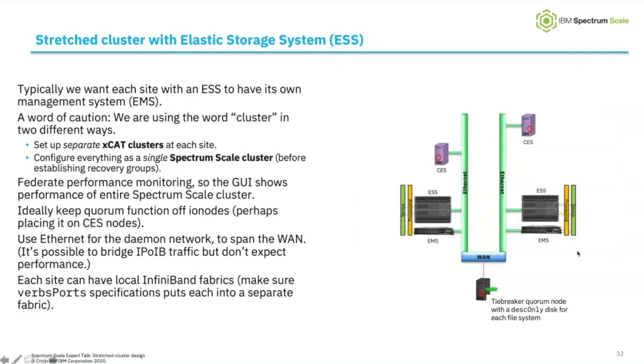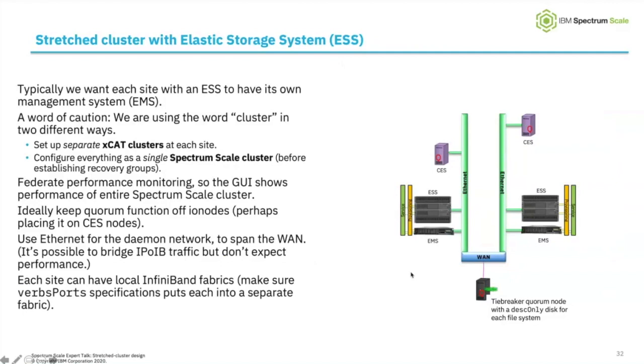That can create confusion when your implementation team starts saying, well, we got the first cluster up, and now we're going to set up the second cluster, and I'm always in a panic. Wait a second, you understand there are different xCAT clusters, one Spectrum Scale cluster, and you want to make sure that's clear.